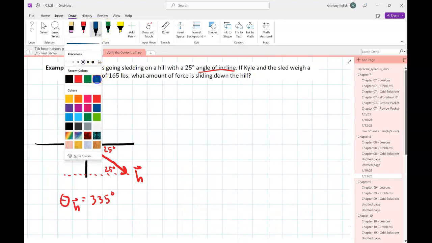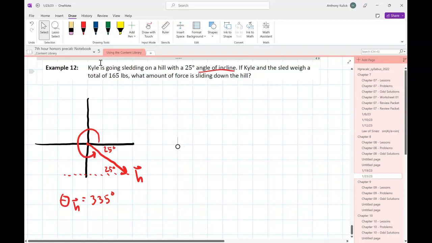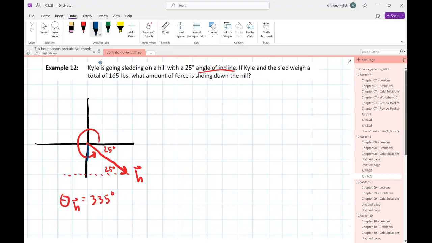My second force going on, or my second vector, is Kyle and the sled. Now, the only force acting on Kyle and the sled is gravity. Gravity is pulling straight down.